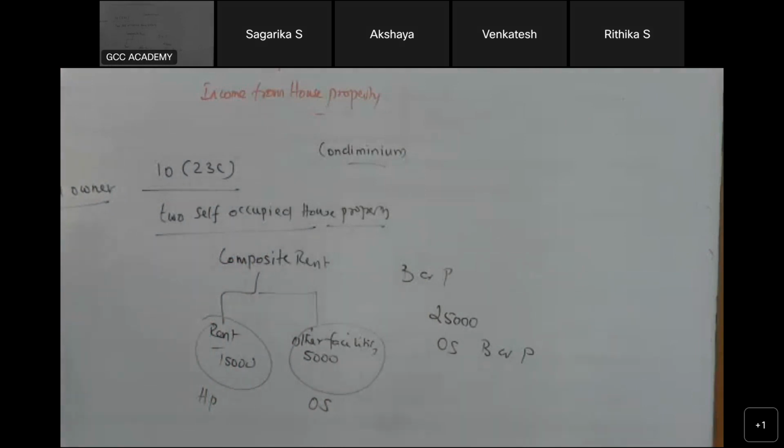Akshaya, can you tell me what is the difference between illegal and unlawful? Sir, I hope both are the same. You assume both are the same. Ritika? What is the difference between illegal and unlawful?